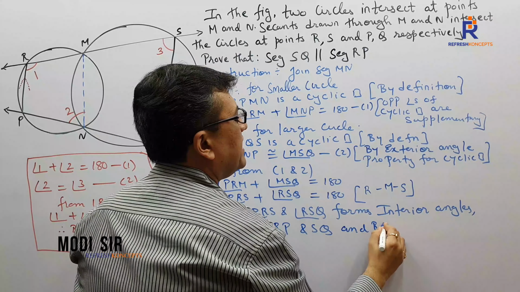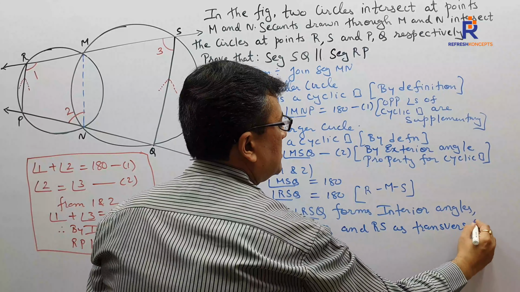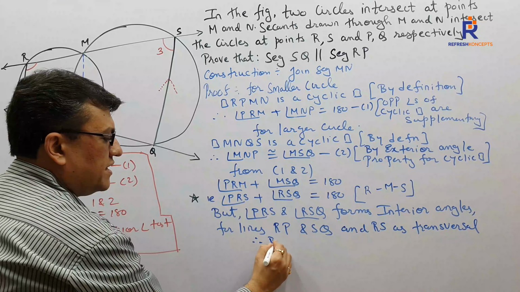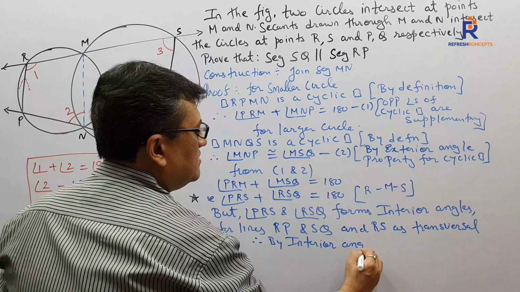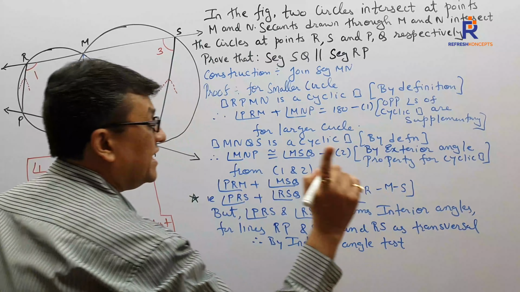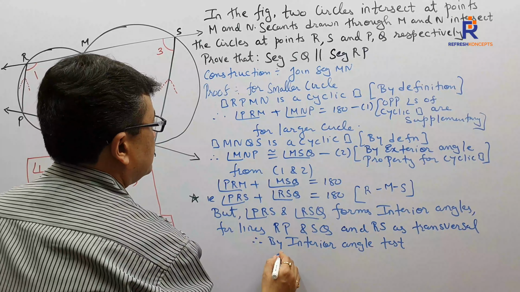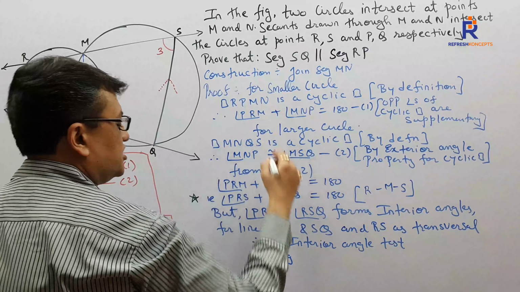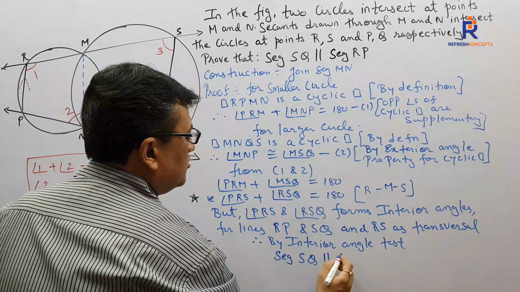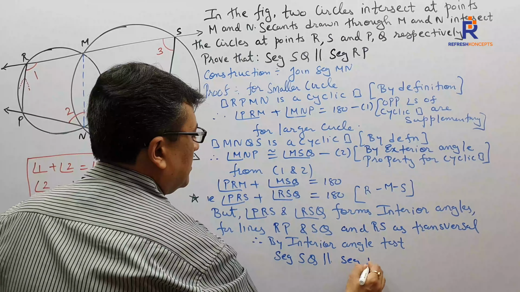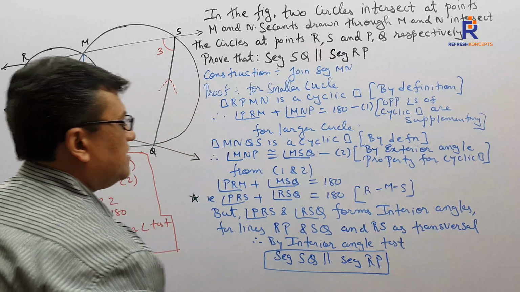Therefore, by interior angle test, I shall say segment RP is parallel to segment SQ. I shall use their language. Segment SQ parallel to segment RP.